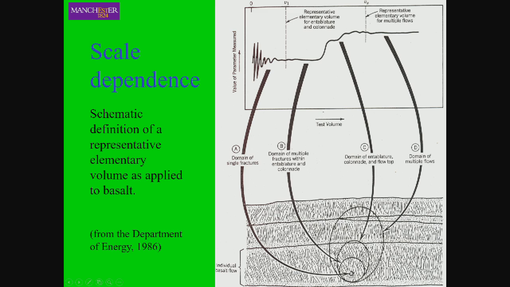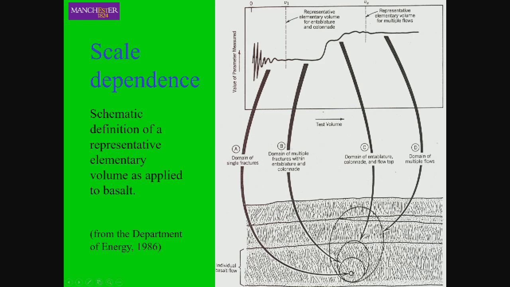So say for a lava flow, you might imagine that, on a very small scale, the permeability is basically due to the porosity that might have developed between the different crystals. And that might actually be very, very low. On a larger scale, it will depend on the presence of microfractures, maybe as the lava is cooled.